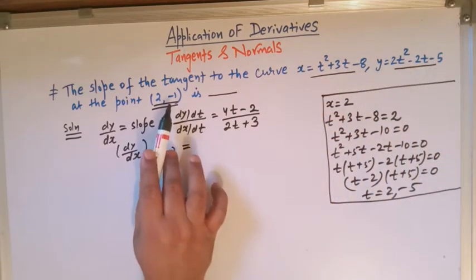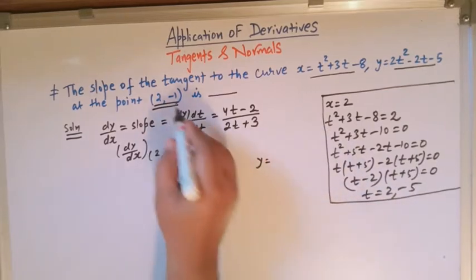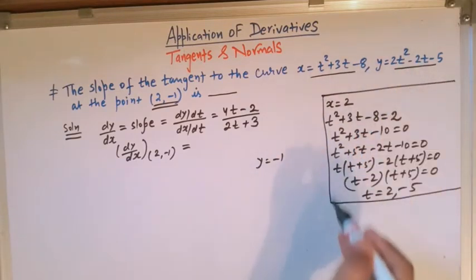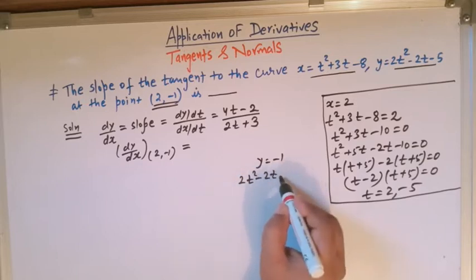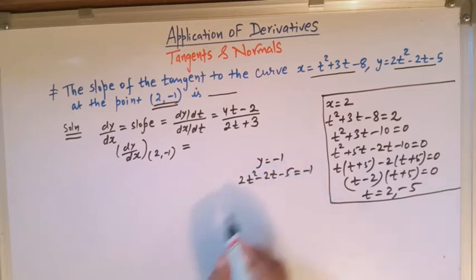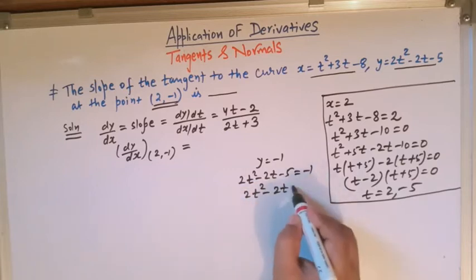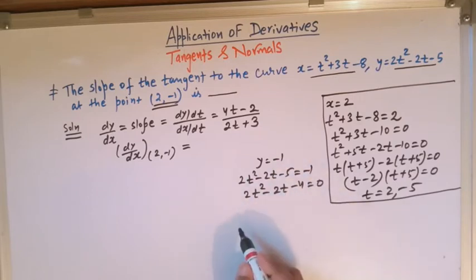Now if we take y equal to minus 1, let us see what is the value of t. So 2t square minus 2t minus 5 equal to minus 1. So we have 2t square minus 2t, and we take this minus 1 to the left side, so we have minus 4.